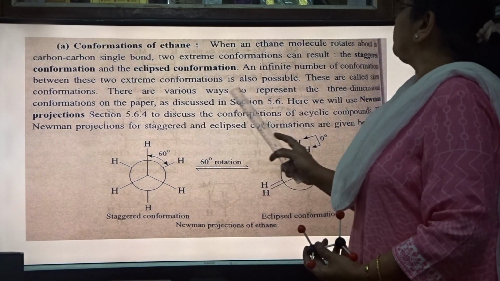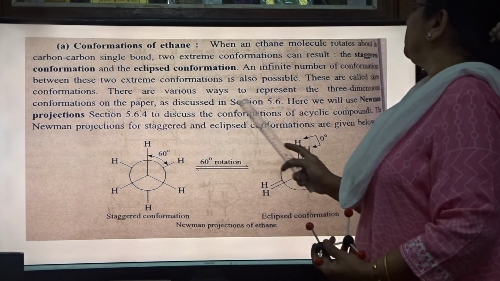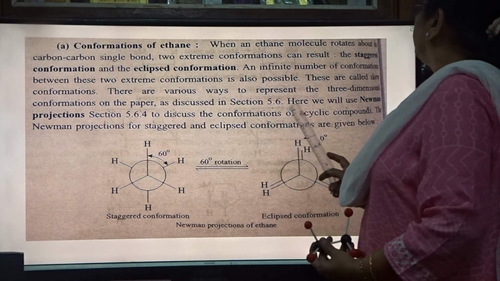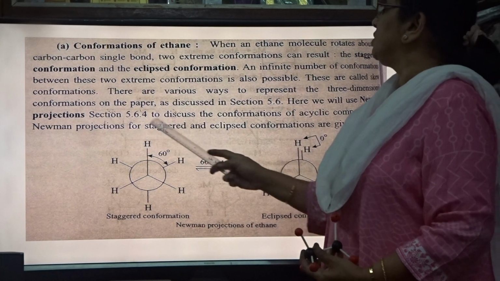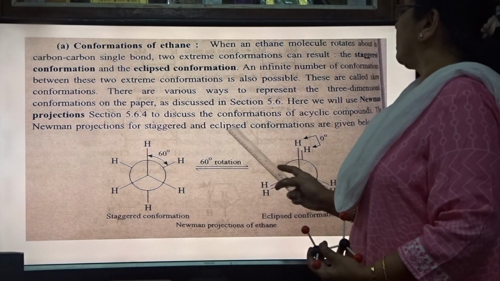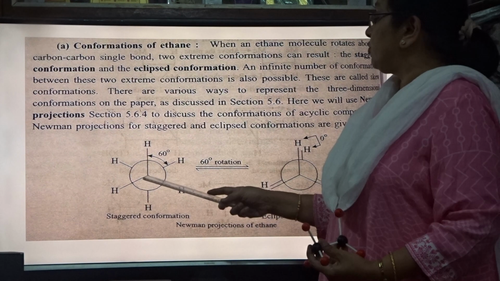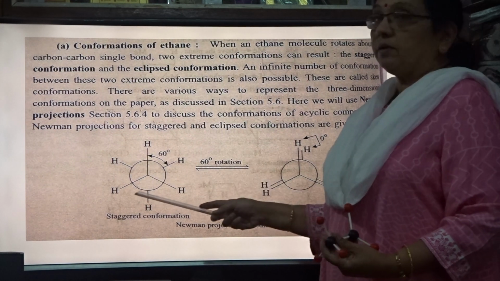There are various ways to represent the three-dimensional conformation on paper, as we have studied before. Here we will use the Newman projection to discuss the conformation of acyclic compounds. This is the Newman projection: this is the front carbon and this round one is the hidden carbon.